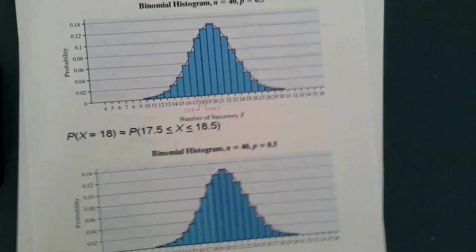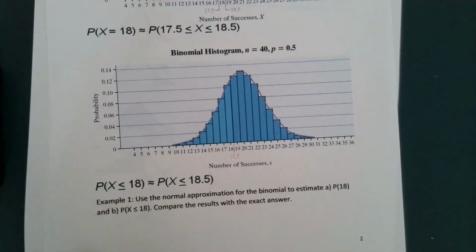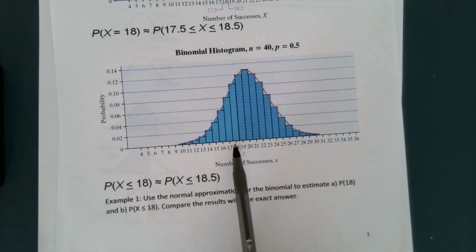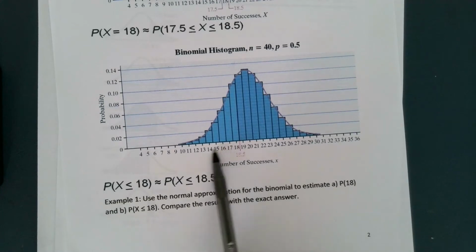Now, the second problem is, what if we want to find the probability that x is less than or equal to 18? So the probability of 18 or less. The exact probability would be the area of bars 18 down to 0.